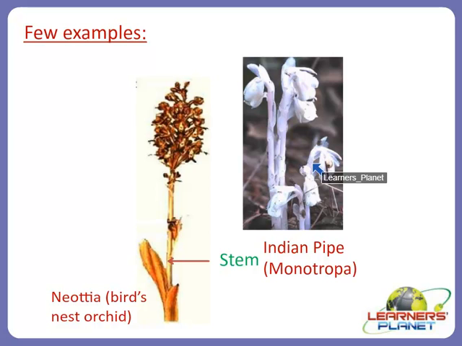So children, always remember that the roots of the saprophytes contain living organisms called fungi, and plants like Neottia and Indian pipe are also considered saprophytes because they help themselves in absorption when associated with the fungal hyphae, which is actually a part of fungi.